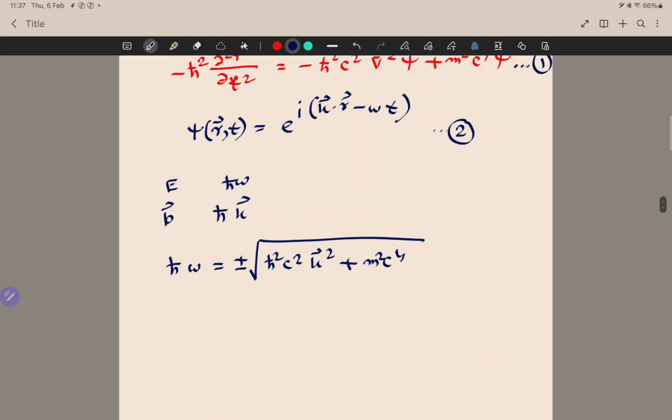The positive and the negative square root correspond to the ambiguity in the sign of the relativistic energy momentum relation for the energy.